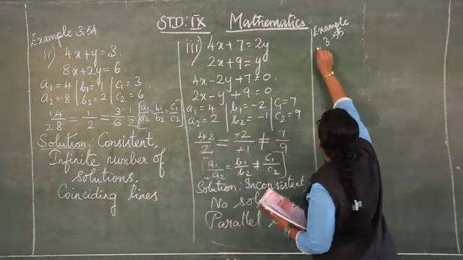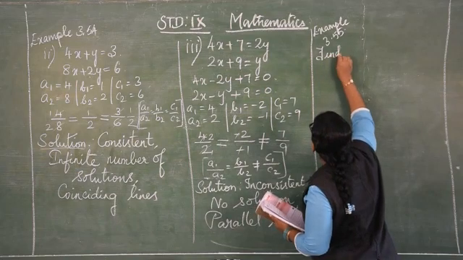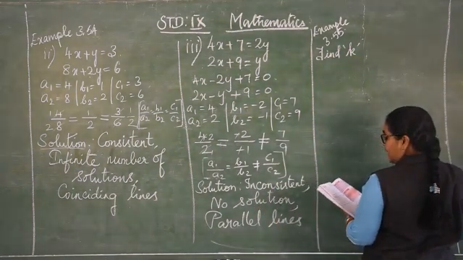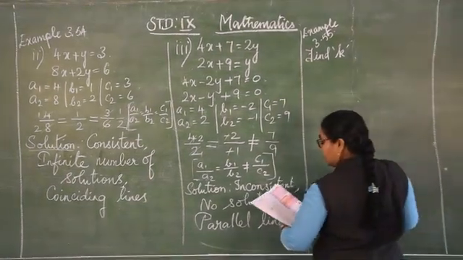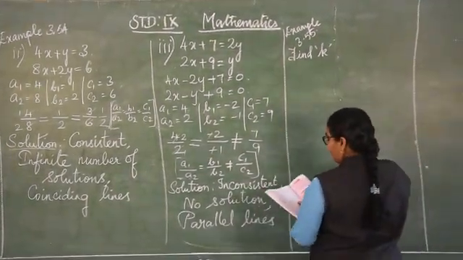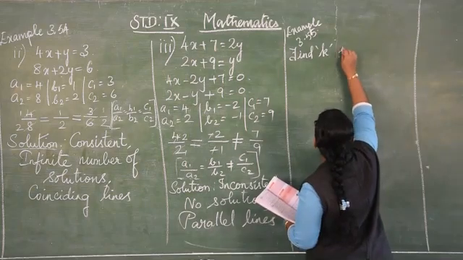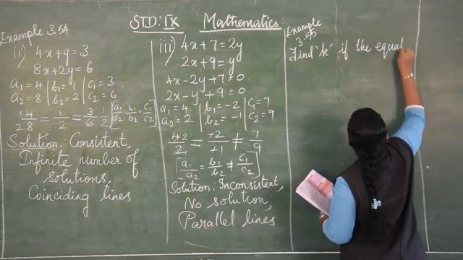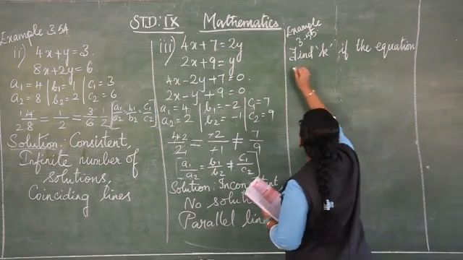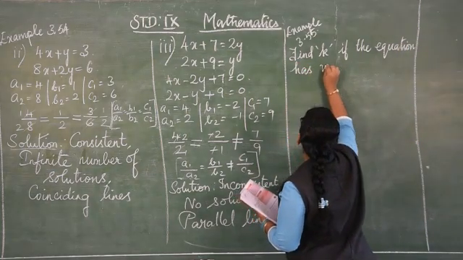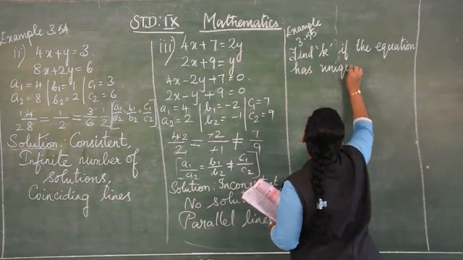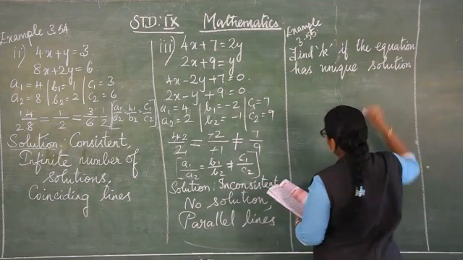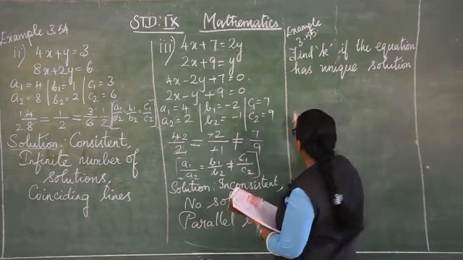The question is: find the value of k if the system of equations has a unique solution.